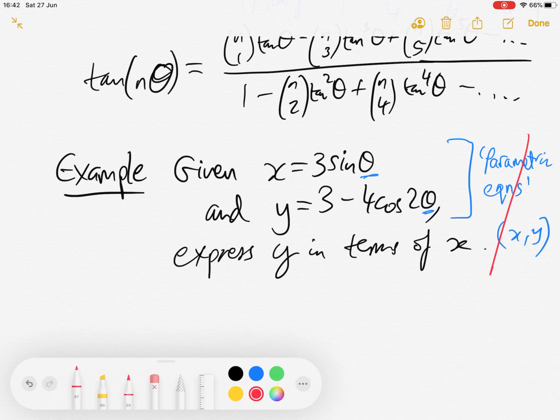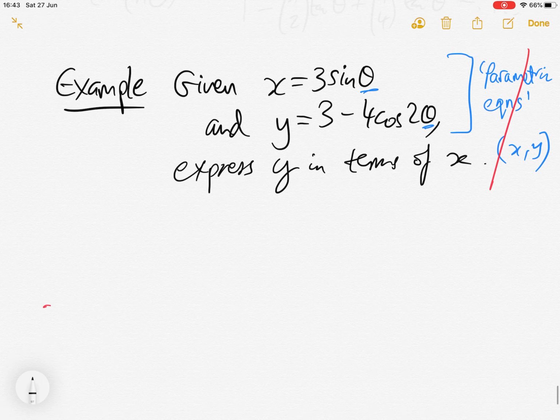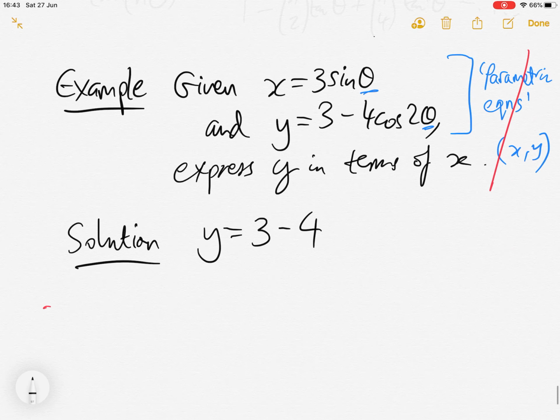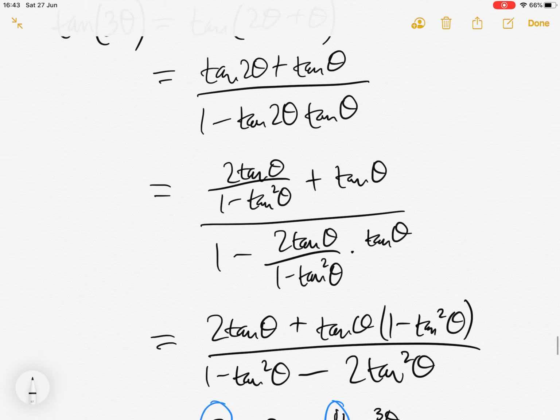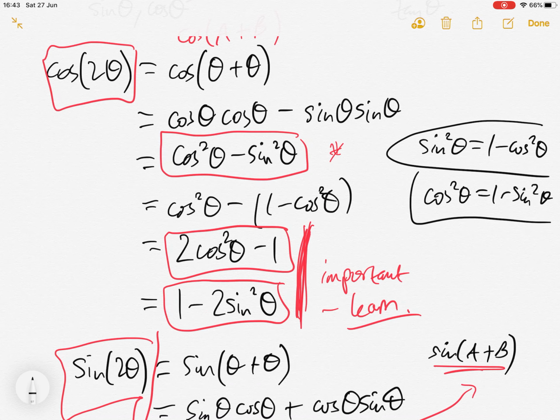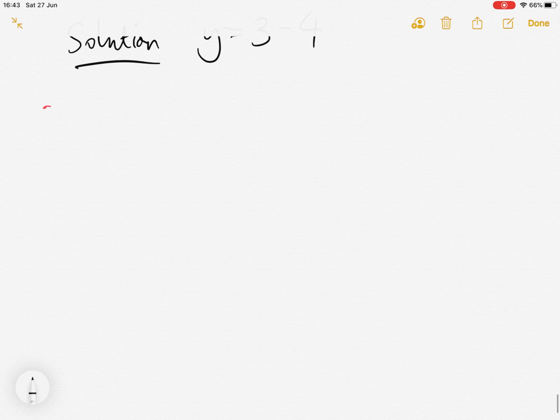But so let's solve the question. We need to express y in terms of x. We're going to have to use the double angle formulas. We know cos 2 theta has three formulas: cos squared minus sine squared, 2 cos squared minus 1, and 1 minus 2 sine squared. Since our x is in terms of sine theta, it makes sense to use 1 minus 2 sine squared.